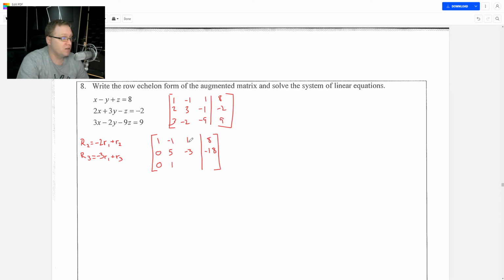Negative 3 times 1 is negative 3 plus negative 9, and that's going to give us negative 12. And then finally, negative 3 times 8, which is negative 24, plus 9. Negative 24 plus 9 is negative 15.